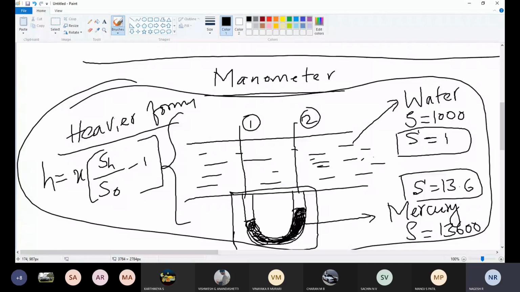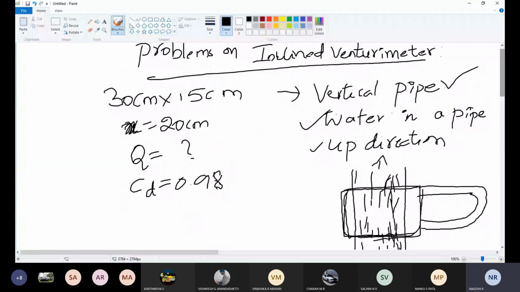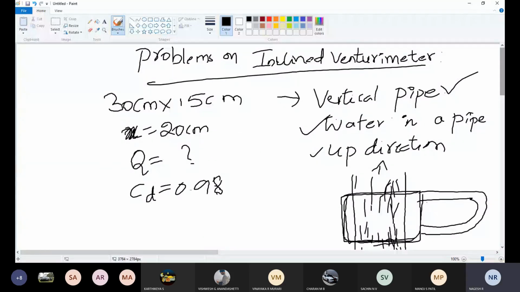Can you tell me, for the present problem, do we need to consider the lighter liquid or the heavier liquid? Heavier liquid formula.